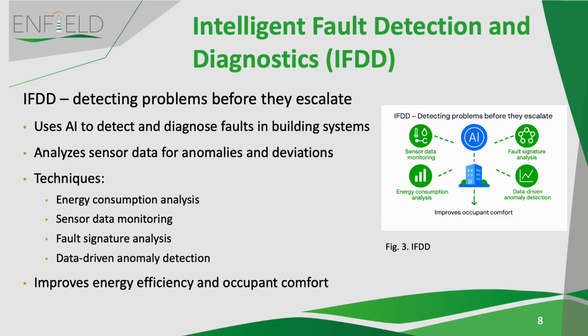Sensor data monitoring tracks real-time performance, and fault signature analysis uses historical data to recognize specific fault patterns. Data-driven anomaly detection is particularly powerful because it learns what normal looks like and alerts us when something deviates.